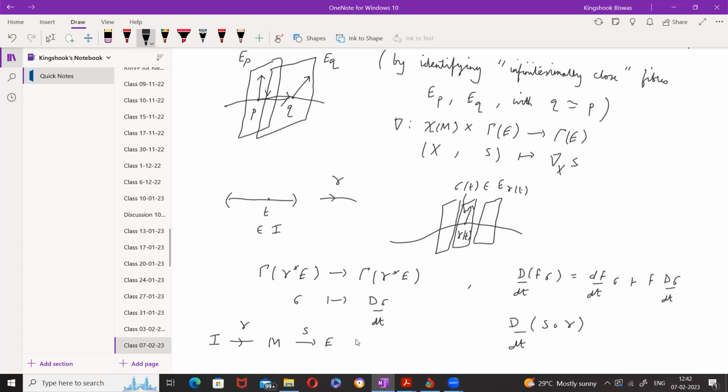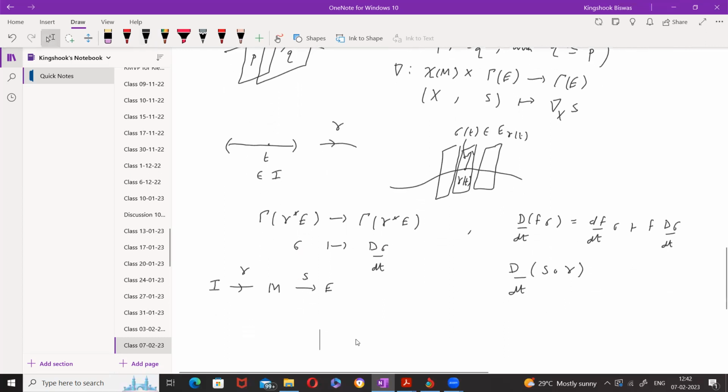So S of gamma of t, by definition of a section, belongs to the fiber at gamma of t, right? So S composed with gamma is a section of E along gamma.